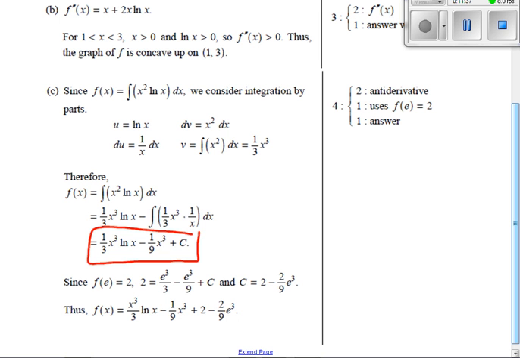I'm just trying to get C. You get a point for substituting that point in. And don't worry about simplifying your answer. If you want to say C is equal to 2 minus e cubed over 3 plus e cubed over 9 and not simplify that, please do so. No reason to simplify it.